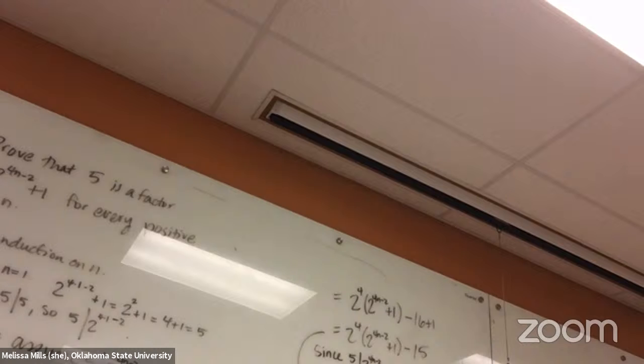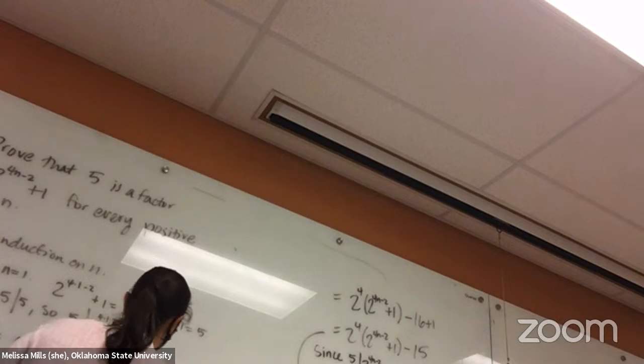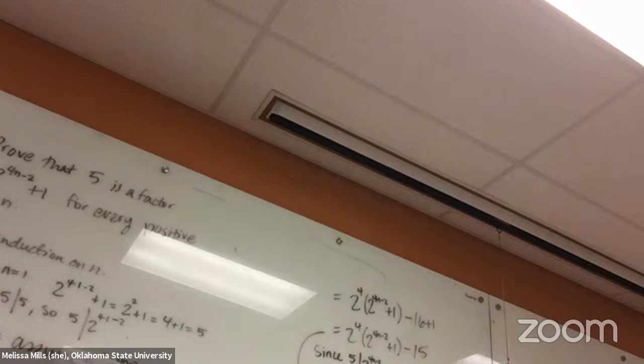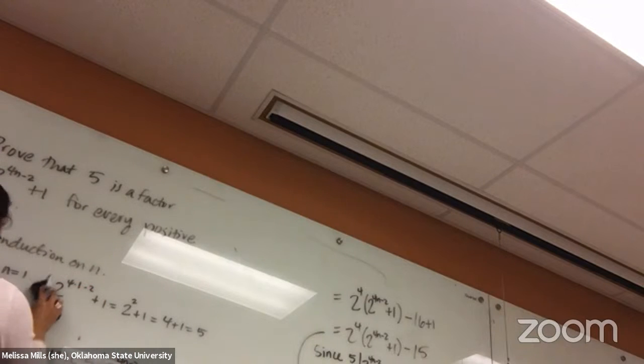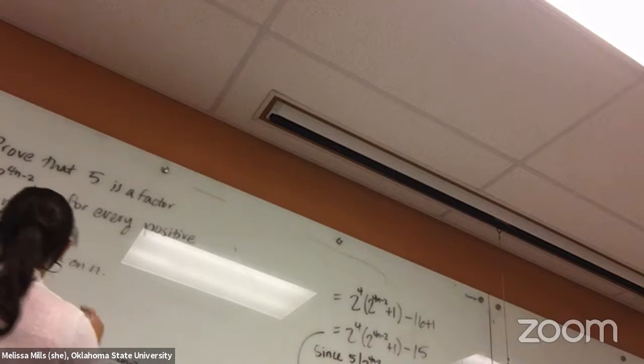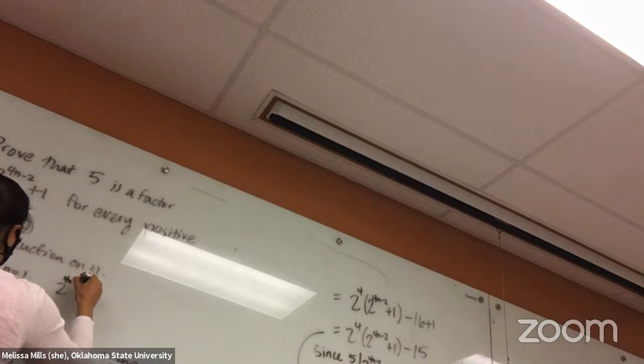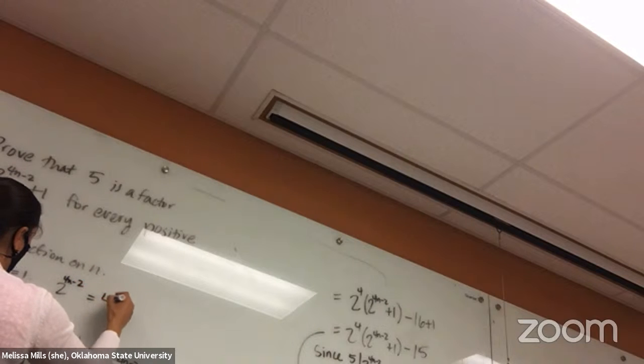Okay, so Colin, your idea was to say something about how 2 to the 4n minus 2 is divisible by 4. So let's try that. So do you understand what Colin's idea was? The idea is, for the case n equals 1, I'll have 2 to the 4n minus 2, which is equal to 4.